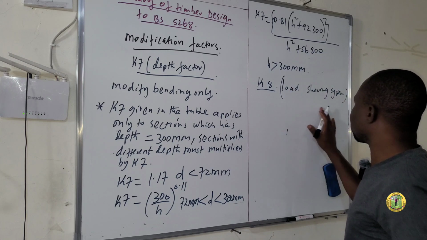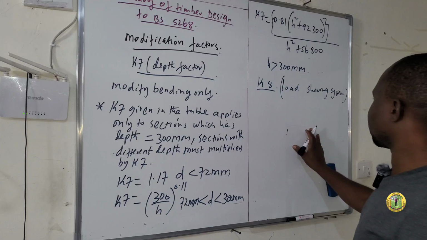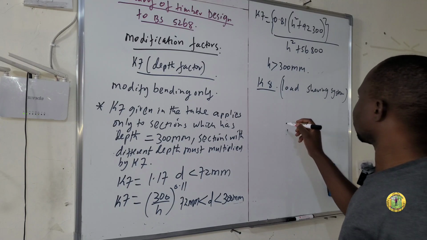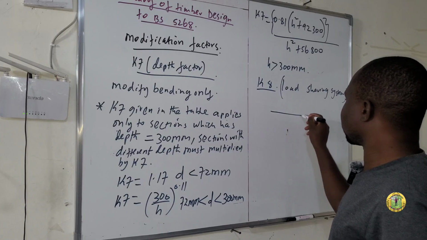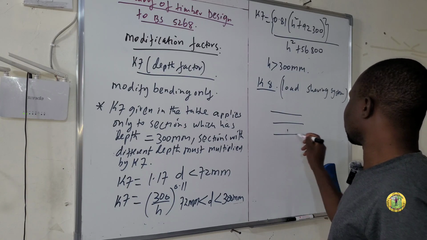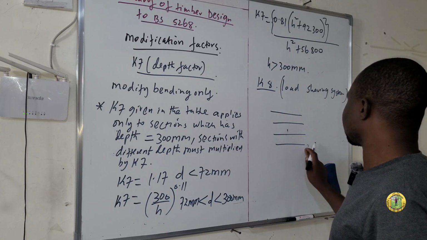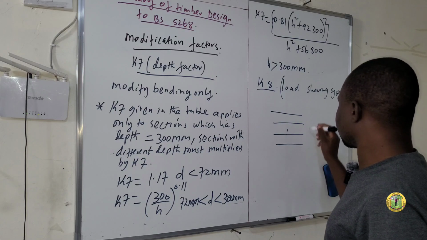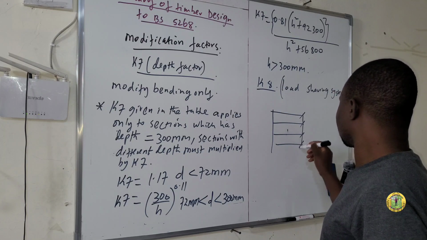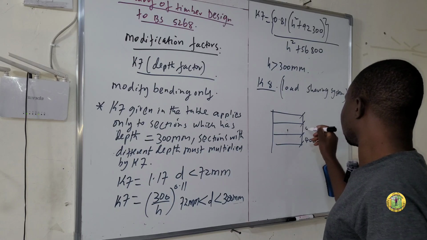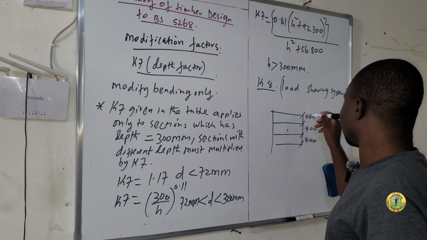When I'm talking about a load sharing system, it means if we have joists spaced, for example, these are the joists, and they are spaced at a distance of 400, 400, 400.